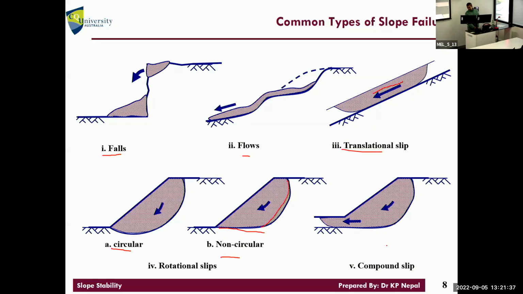And then sometimes a mix of many. You see a lot of failures, but only two types of failure we use a lot in analysis. We usually use the infinite slope, as we call it, and then the circular. Okay, two types of failures we will be analyzing. Is that okay?